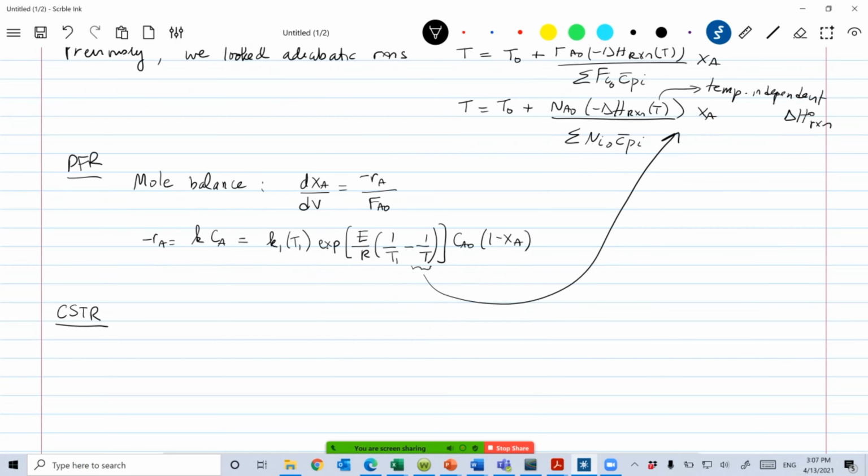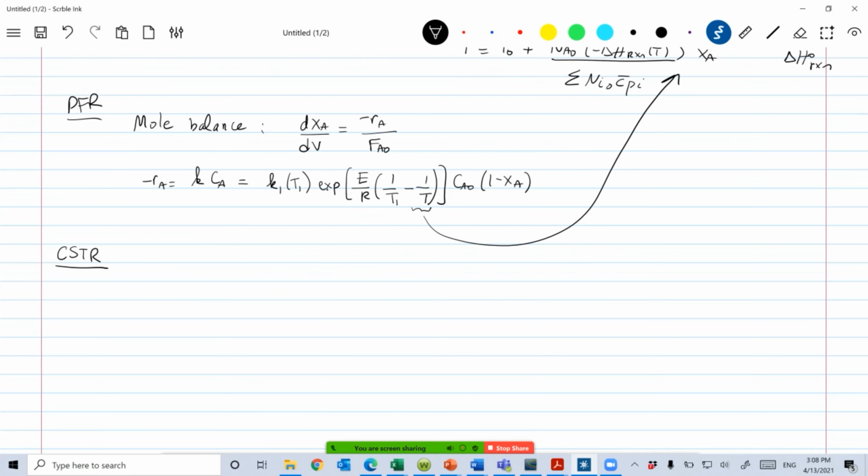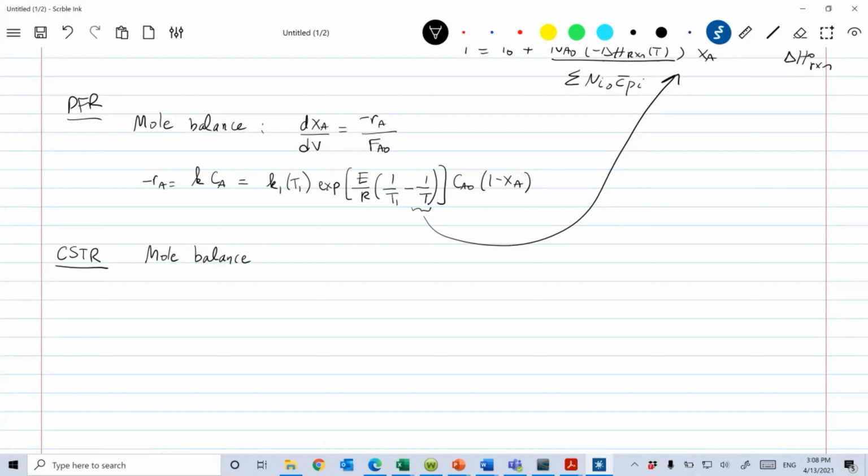For an adiabatic CSTR, remember that the temperature of the reactor is the temperature of the effluent. The temperature at which the reaction occurs is the same temperature at which the products leave the reactor.